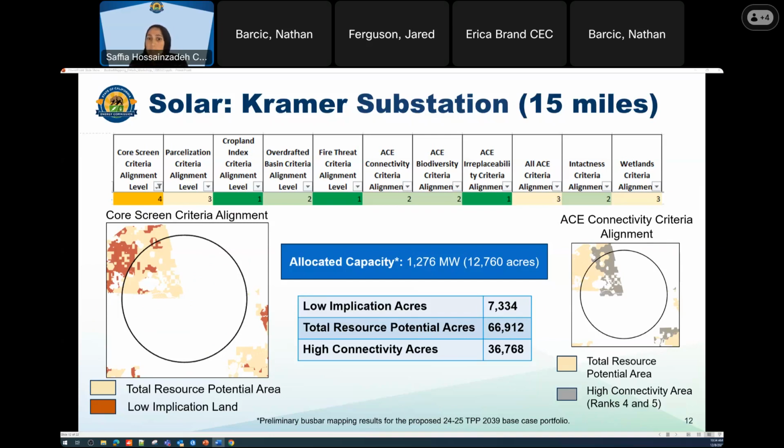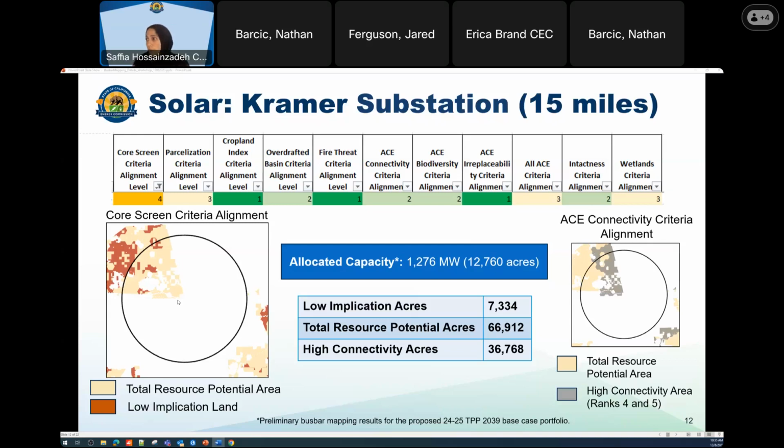As you can see in the image on the left, where we can see the total resource potential area around this substation, there's a lot of military lands and restricted BLM lands. So really you're only given that northwest quadrant of land area with any amount of total resource potential. Everything else has been excluded from the protected area layer and techno-economic exclusion layers.